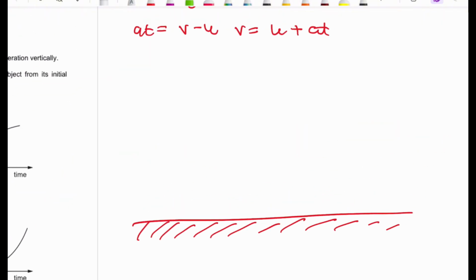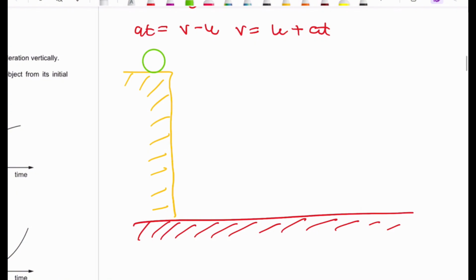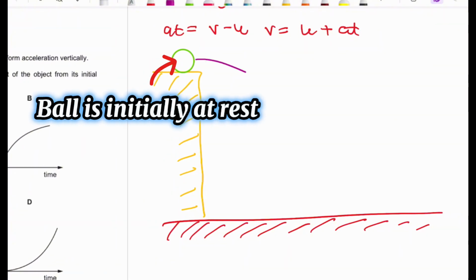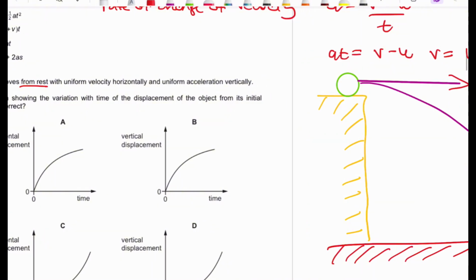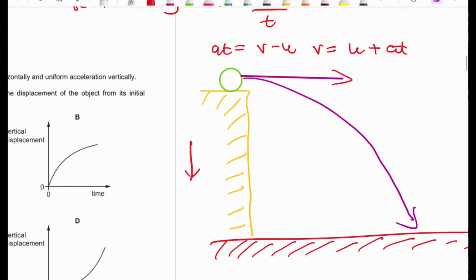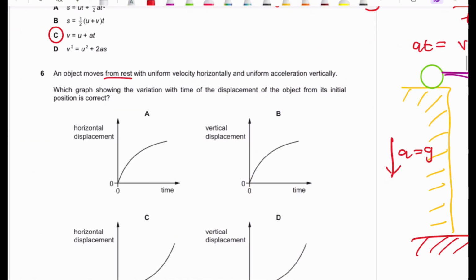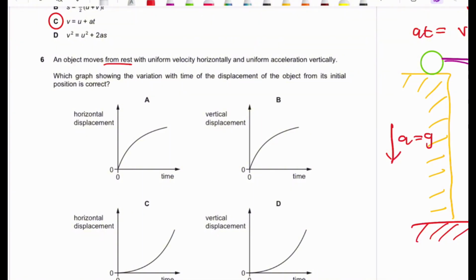Basically we're going to create a cliff, and we're going to fire our ball, which is somewhere over here, with an initial horizontal velocity. So our ball is going to go down over here, and it has an initial horizontal velocity in that direction. And uniform acceleration vertically downwards, so the acceleration going down is equivalent to the value of g. So we've been asked to show the variation with time of the displacement of the ball from its initial position.